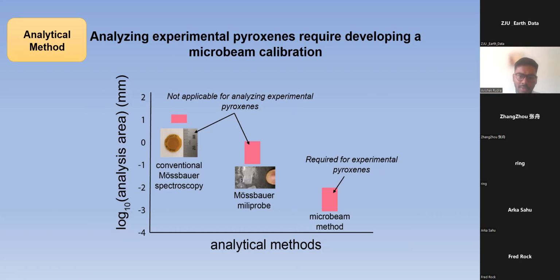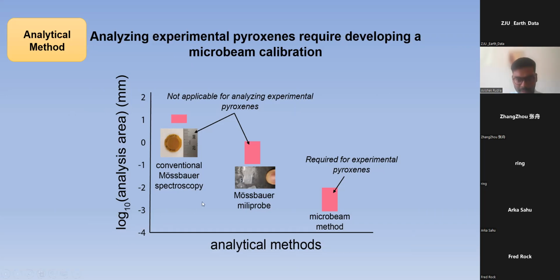There are already developed bulk methods that are available, for example, wet chemistry or conventional Mössbauer spectroscopy, but you can see that the analysis area is about 1 millimeter to 2 to 3 millimeters. So these are bulk samples where you need to separate out the pyroxene crystals, crush them up, and make a bulk mount where you can measure them with conventional Mössbauer spectroscopy.